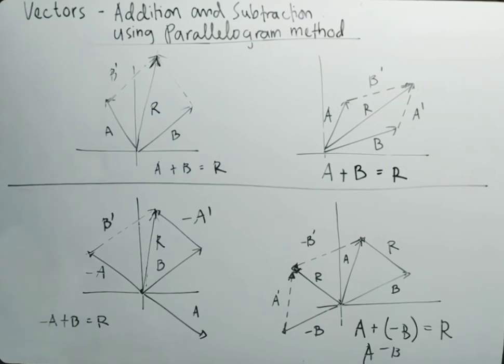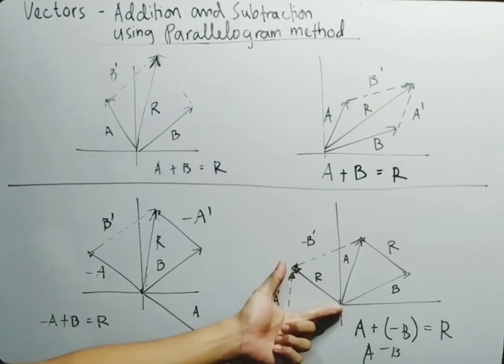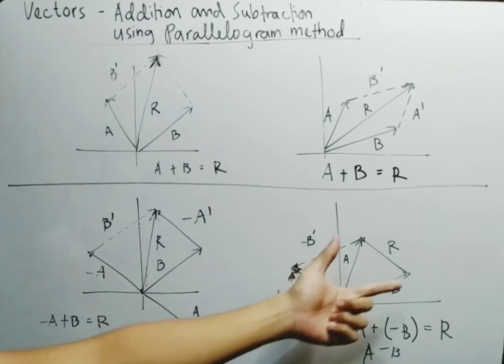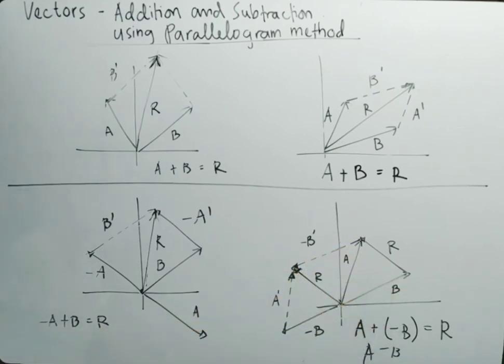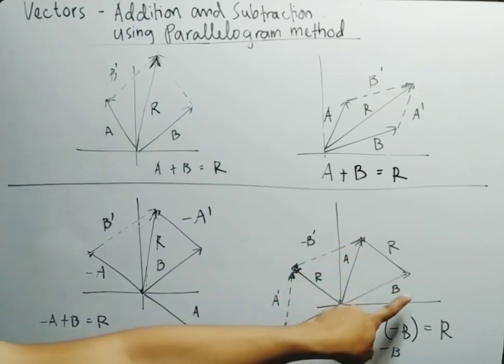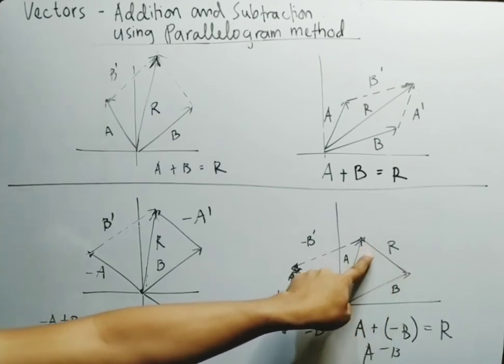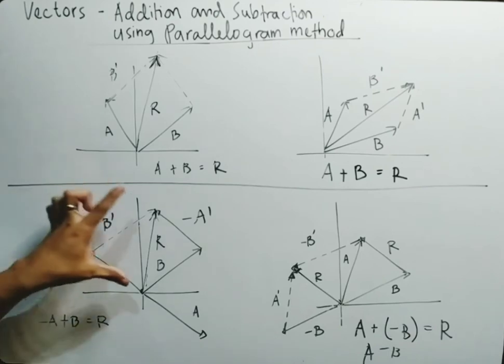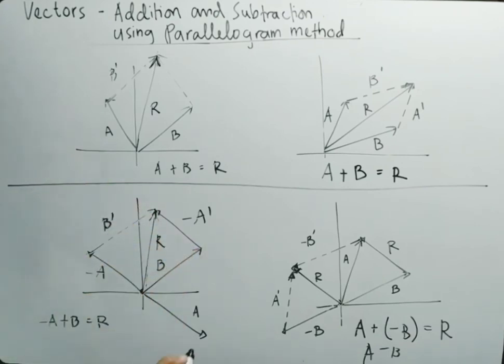Okay, now as you can see here, going back to this example, this length of R is the same as the distance between the arrowheads of B and A, provided that the direction is from the arrowhead of B going to the arrowhead of A. So this R is parallel to this one. So definitely this line is parallel to this line.